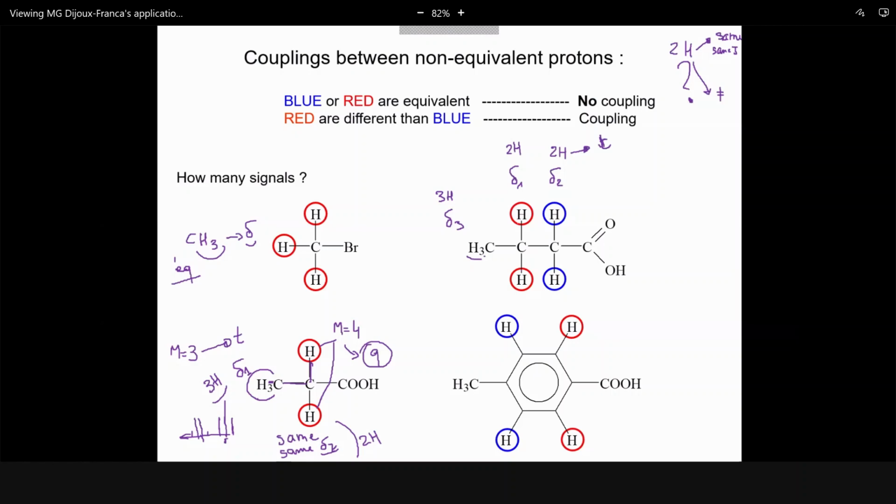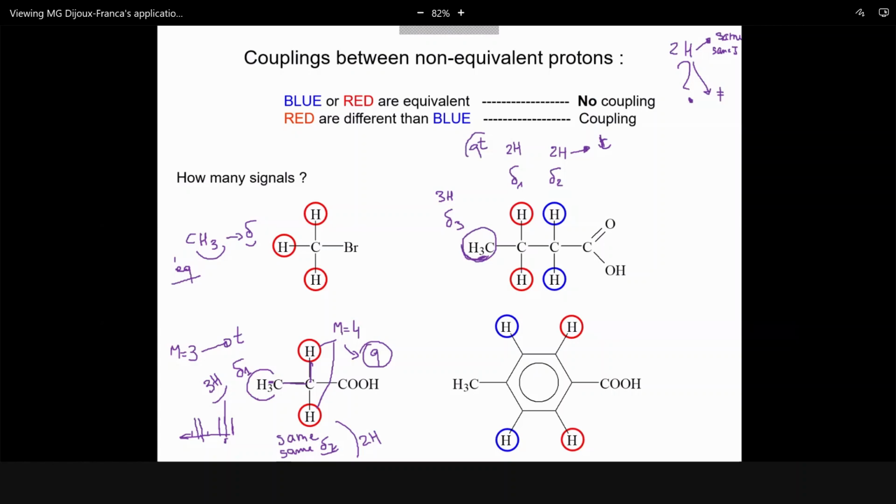For the red one, I have the reciprocity of the triplet here. So I will have coupling with 2 equivalent protons, which will give me a triplet. But on the other side, I have a coupling with 3 equivalent protons. So these 3 will give a quartet.